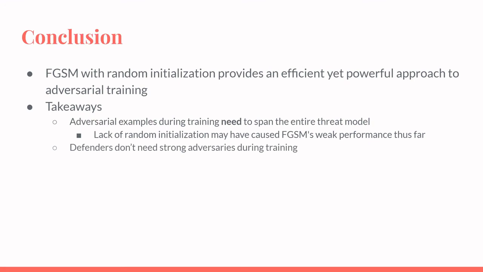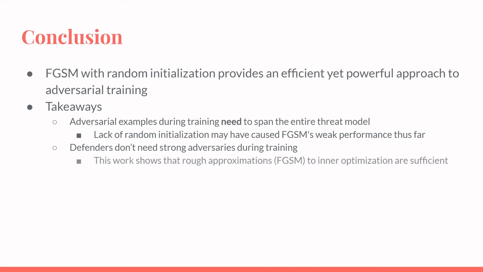Another key takeaway from these results is that defenders don't need strong adversaries during training. Strong adversaries are typically those from PGD. And so previous work hypothesized that only strong adversaries would result in strong adversarial training.